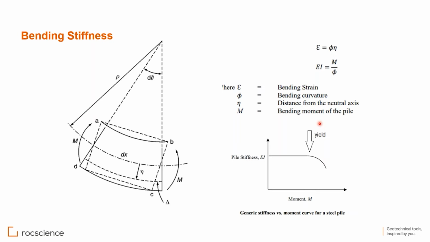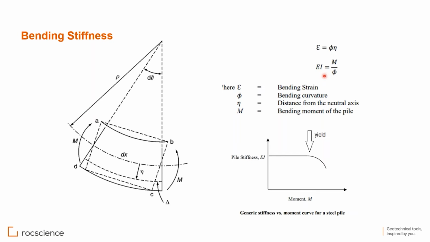The bending stiffness is well known to everybody. You're all familiar with this: EI equals M over phi, where phi is the curvature and M is the bending moment. Now, if the section is not reinforced concrete, this is simple, because if you have an elastic section, EI will be constant.